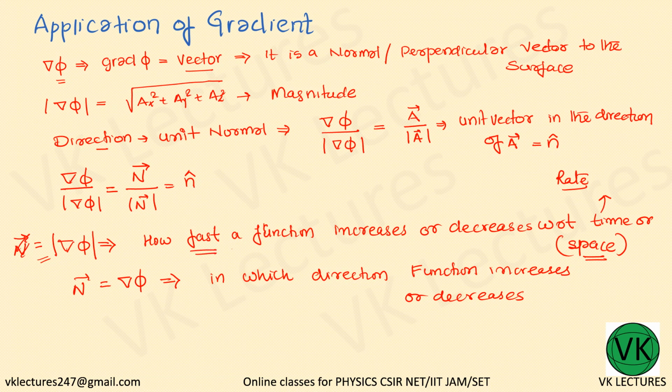The quantity, the vector n cap, that is equal to vector n by magnitude of n. This tells us the direction in which the function is increasing rapidly. See, there may be many points or directions where the function is increasing, but there will be some particular direction in which the function increases rapidly.